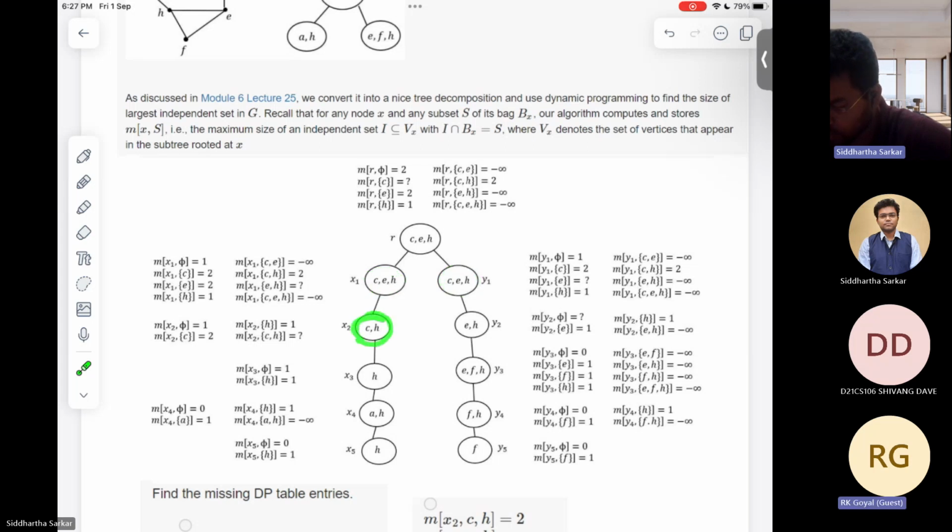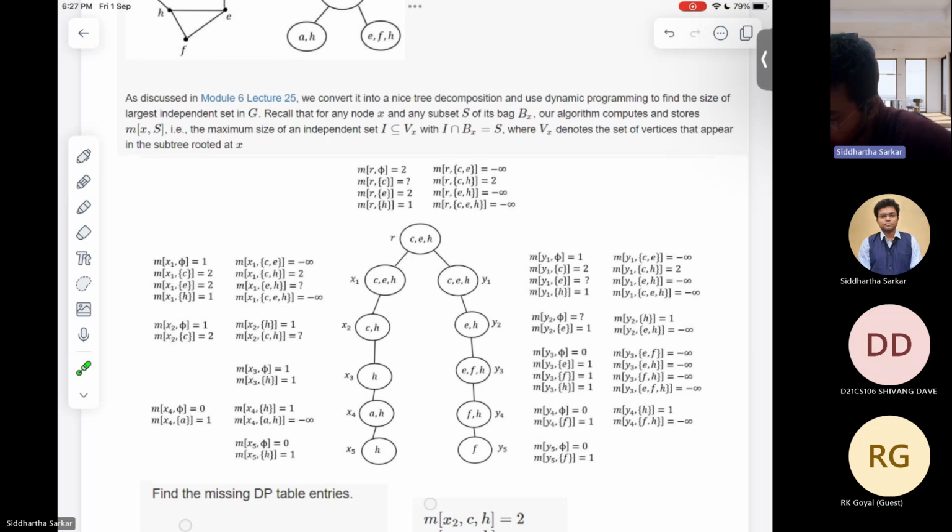This one is also an introduce node, introducing C. This one is a forget node, because it is forgetting F. Here E is getting introduced, and interestingly, here also E is getting introduced. So the question you asked initially, whether a vertex can be introduced twice, here is an example.